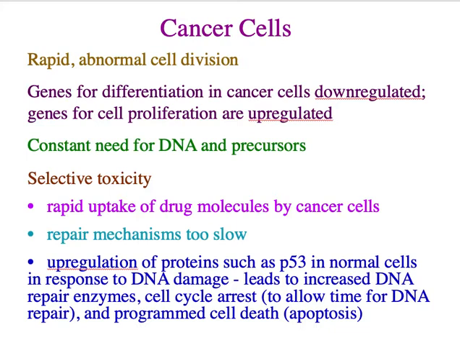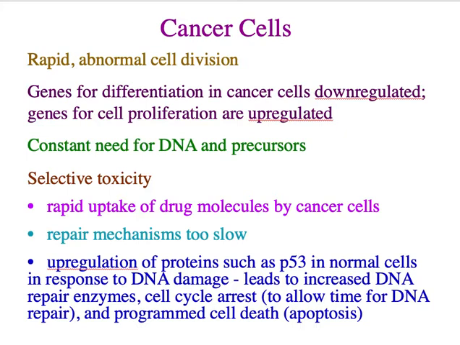Also, because they're dividing so quickly, they are lacking some repair mechanisms. Sometimes they're kind of sketchy, which can lead to more mutations, which can lead to more carcinogenic changes, or the whole reason that they're dividing quickly is because there's a messed up repair mechanism. That's another cause for cancer.